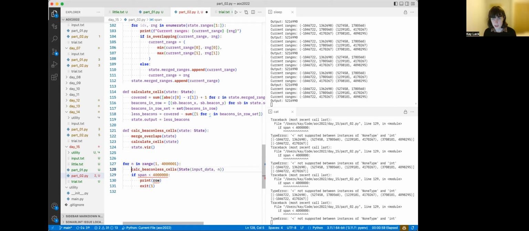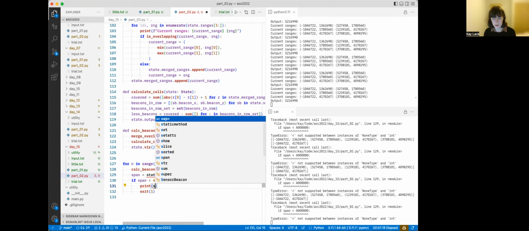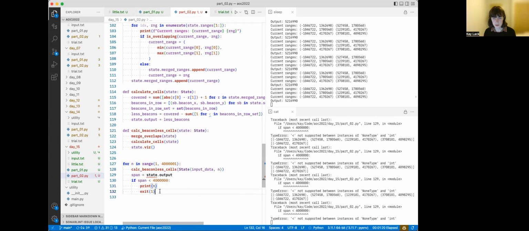Oh yeah. If state output, then I should print the row.